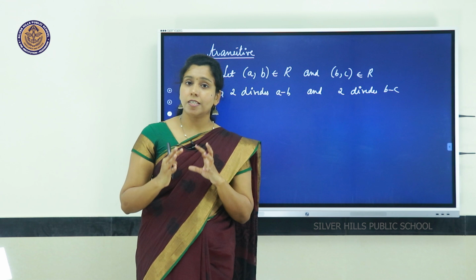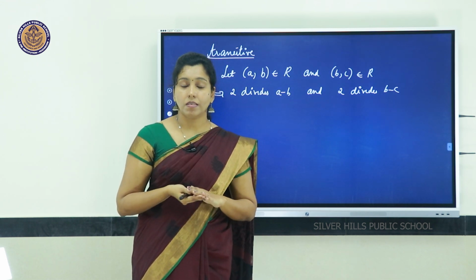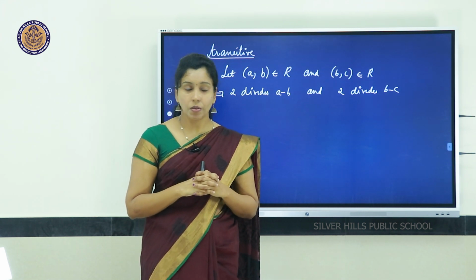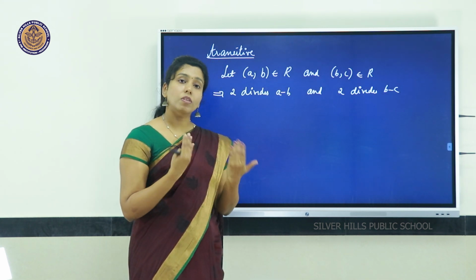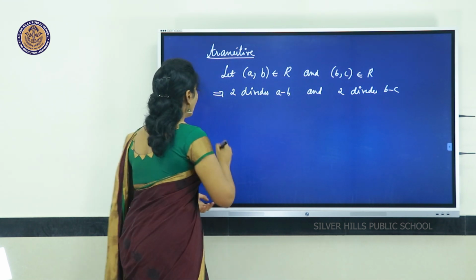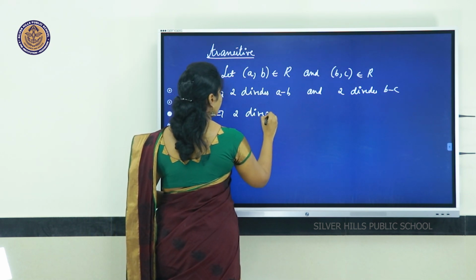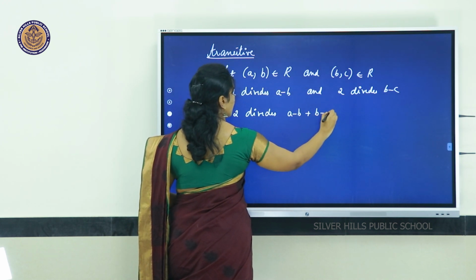So, what is 4 plus 6? 10. 2 divides 10, that is 2 divides the sum of 2 even numbers. So, I have an even number here, another even number. So, 2 divides the sum of those two, which implies 2 divides (A minus B) plus (B minus C).